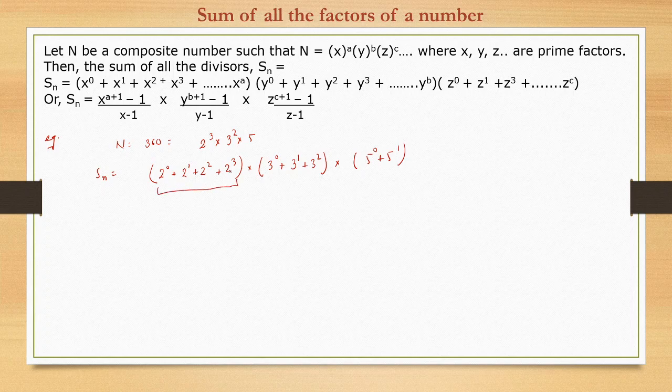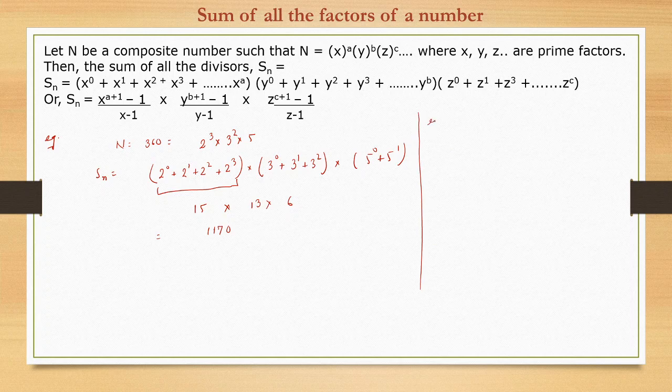This would give how much? 8 plus 4 is 12, 14, plus 1 is 15; 9 plus 3 is 12, plus 1 is 13; and this will give 6. So it will be 1170, right? So this is the summation of all the factors.